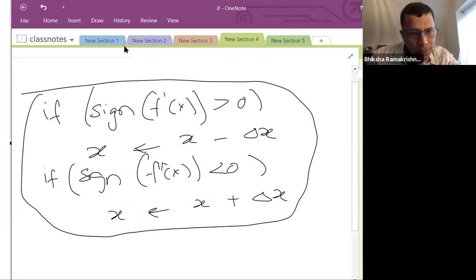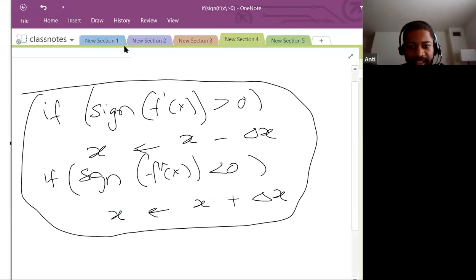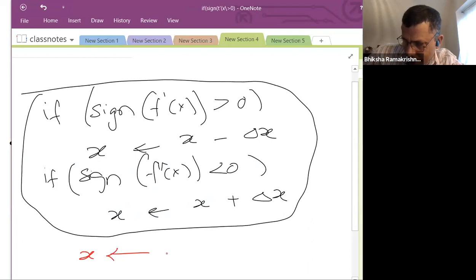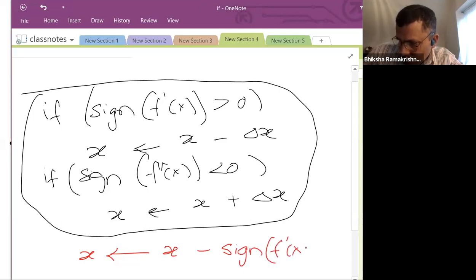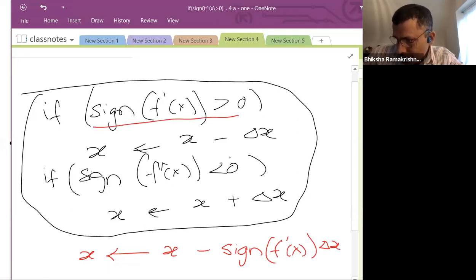Anyone? In chat, we have someone saying x_k minus step times delta x. So I can just write this as x equals x minus sign of f prime of x times delta x, right? Observe, when sign is positive, this is a positive number, so you end up with this equation.